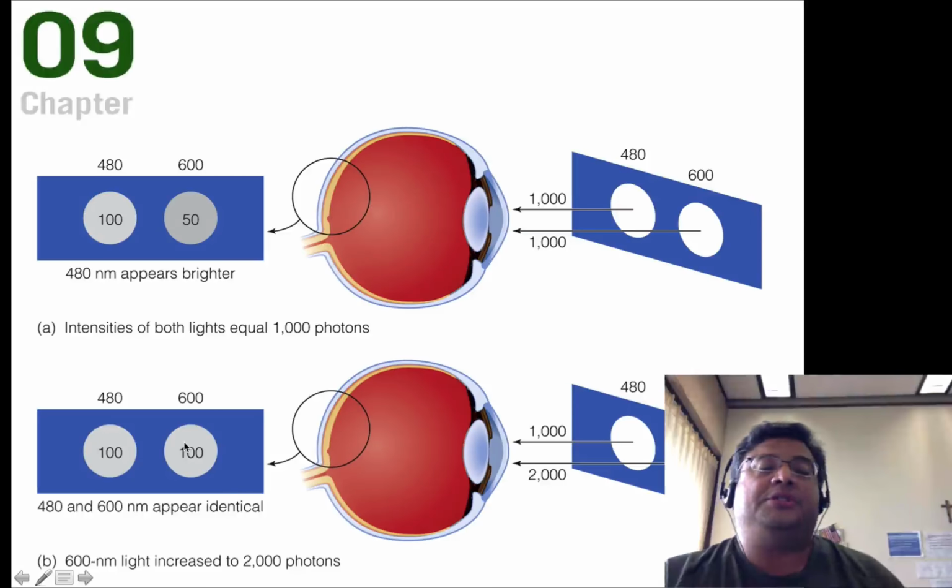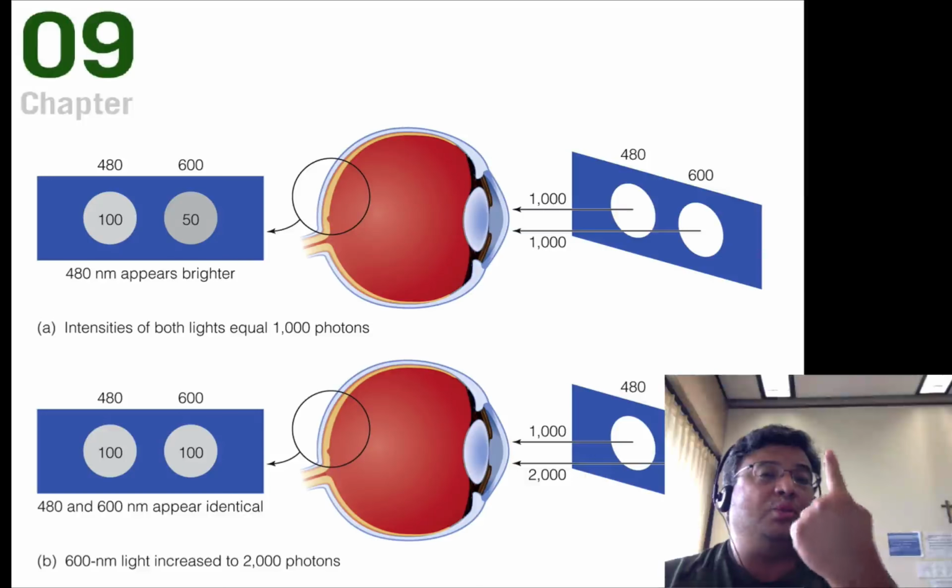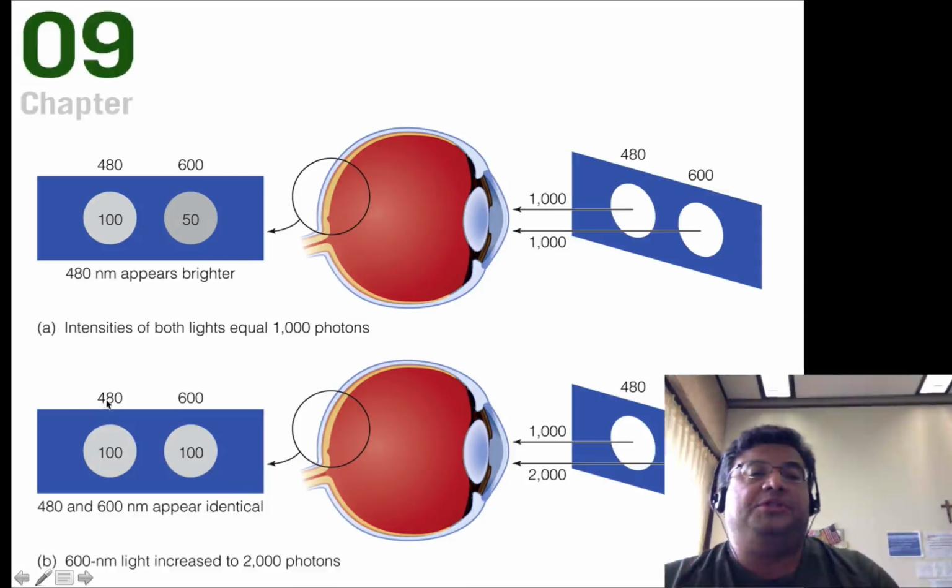Now, what the human is going to perceive in this experiment is that both lights are identical in brightness, even though physically we've got twice as much light coming out here as in here. And the reason that person is going to perceive that as equally bright, again, is because they've only got one. This is a hypothetical experiment where this person only has one color receptor which is tuned roughly to 480 nanometers.